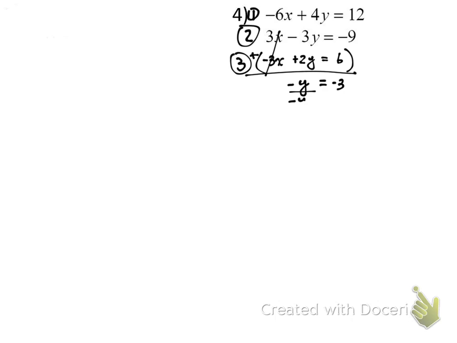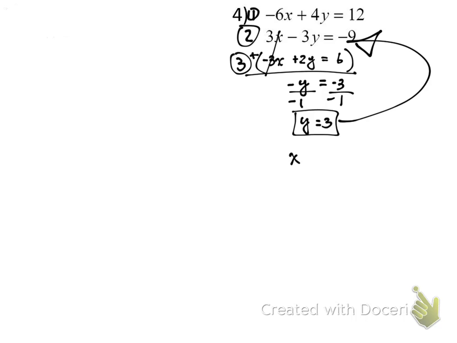Divide both sides by negative 1. And we get y is equal to 3. Isn't that one of the coordinates? Yeah. What happens if I plug this one back into equation 2? Remember earlier, what should I have gotten? 0. X is equal to 0. So, was Andrew right to divide by 2? Yeah, so that's a trick, okay?